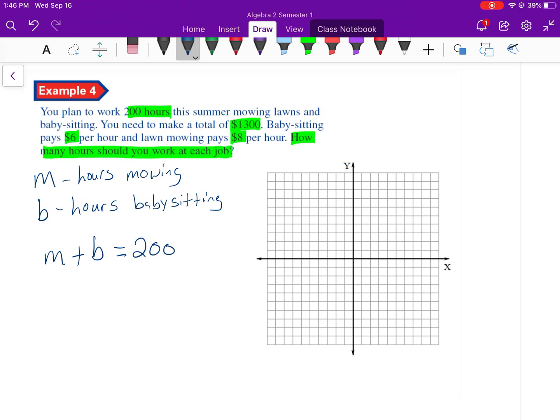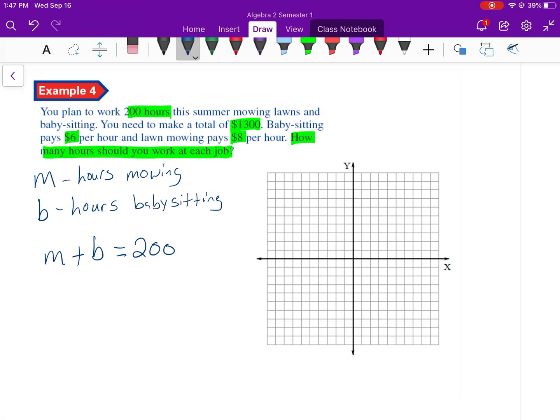Okay. Now the other thing that is given is the total amount of money that we want to make for that summer, and then also the hourly rate. Okay. So when we're looking at it, we're making $6 per hour when we're babysitting, and then $8 per hour when we mow. So if I mow for 1 hour, I'm making $8.